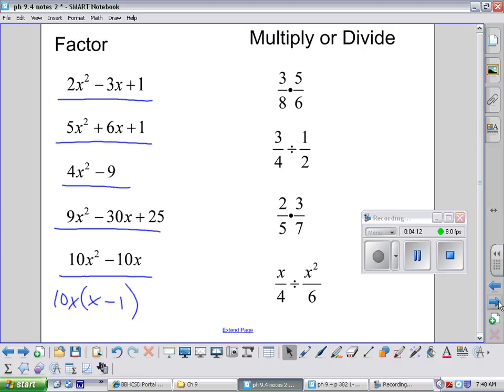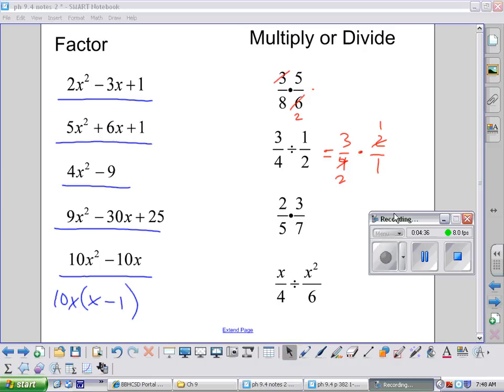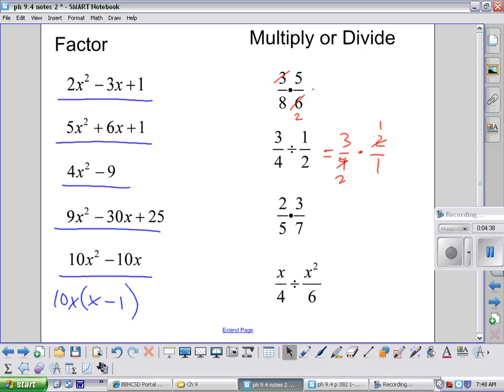Multiplication, we can multiply straight across, multiply fractions, but I can also cancel here, make that a 2 there. All right. Division of fractions, 3 over 4, sorry, times 2 over 1, right? Flip and multiply. 2, 1 there. We can do that sort of thing. And again, division here, just to reiterate, so important.